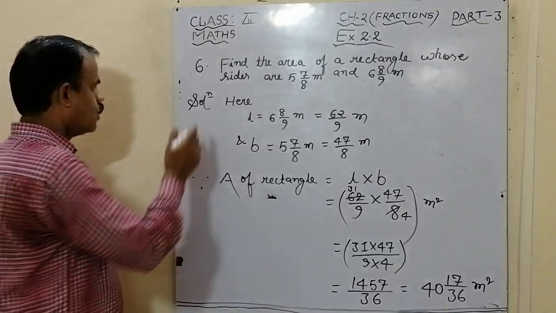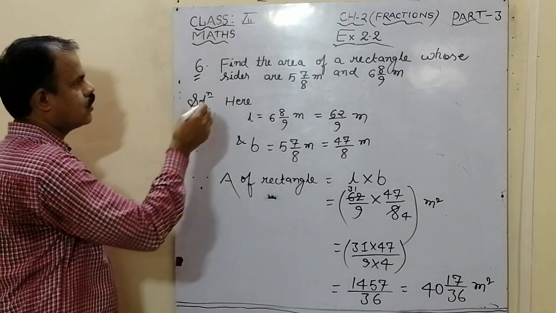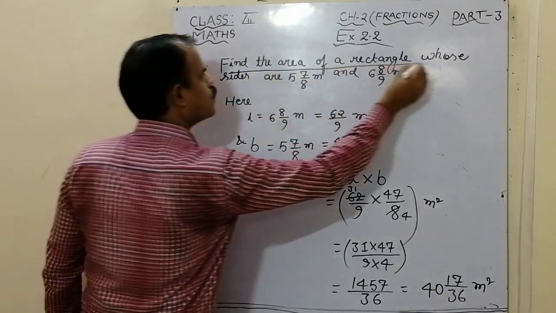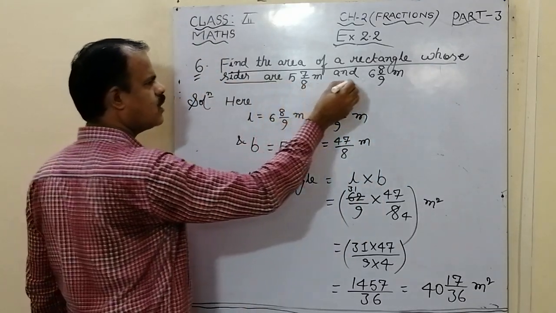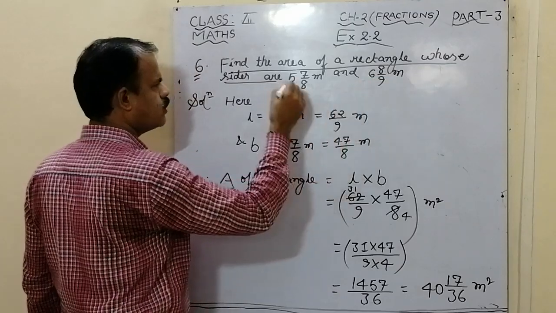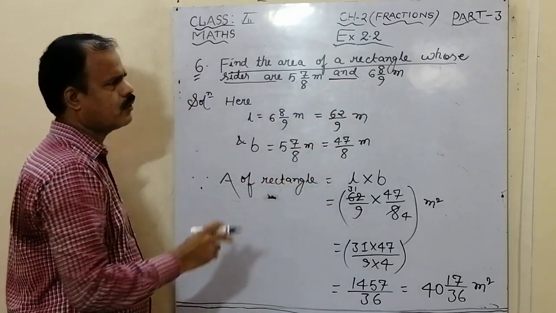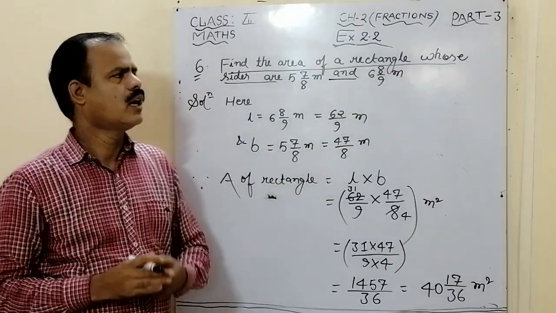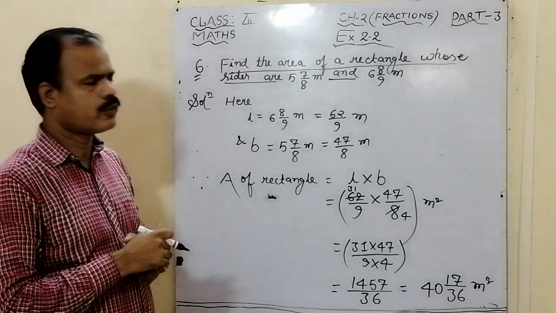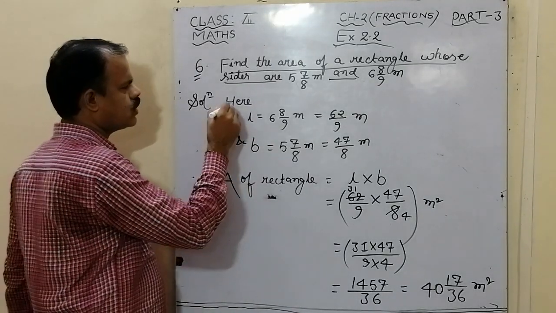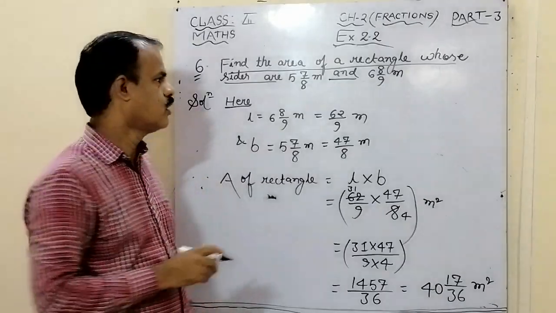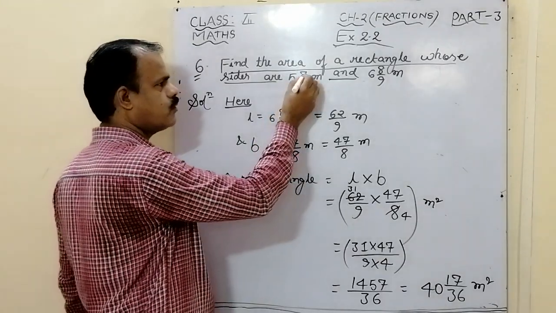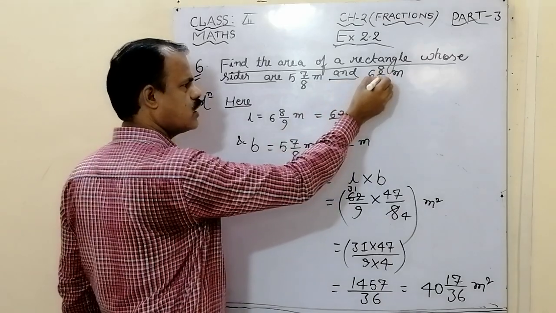Next question, question number 6. Find the area of a rectangle whose sides are 5 whole 7 by 8 meter and 6 whole 8 by 9 meter. Okay, we have been given the length and breadth, and we have to find the area of the rectangle. So students, look here. Here the length is the longest side. So 5 whole 7 by 8, 6 whole 8 by 9.